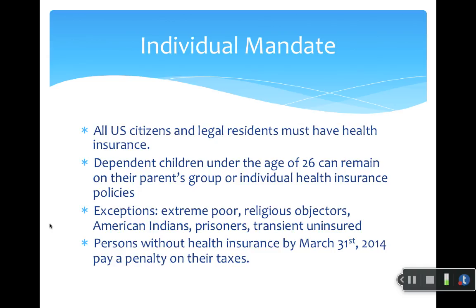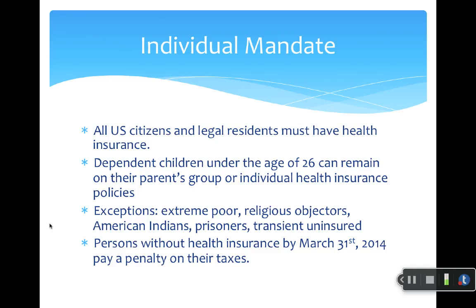And so by extending the age and requiring all health insurance companies that have ACA approved policies to allow for the coverage of children up to the age of 26, it helps cover that younger population in a more reliable way.